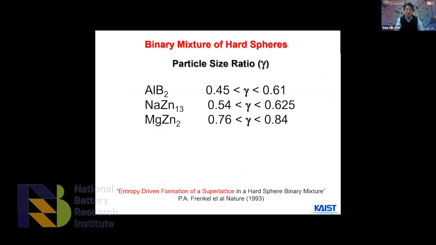So how can you explain these structures? We first consider the hard sphere binary mixture, and this is the particle size ratio.